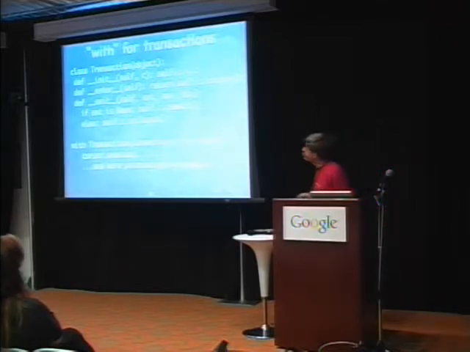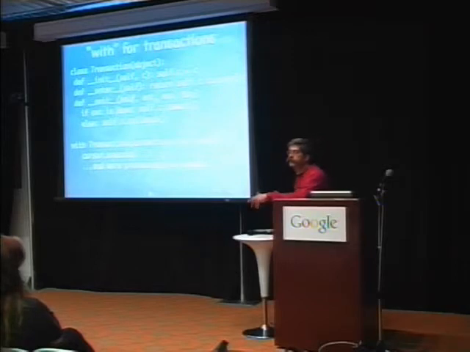Let's give an example. A very simple one. Let's say we want a transaction on a database. We're using the standard Python API for database interfacing, the DB API. So we get initialized with some connection object. We wrap that, basically recording what we're being initialized with. At enter, we generate and return a cursor on that connection.